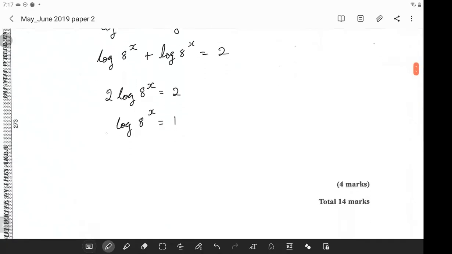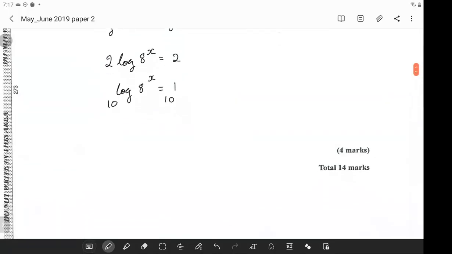So that means if we raise both sides to the 10th power, or take 10 to both sides, we get 8 to the power of x equal 10. Or simply, from right here, we could use the log rule to bring the x in front.